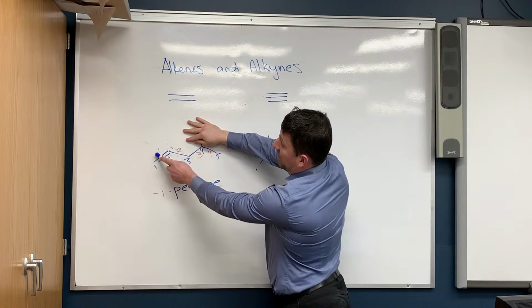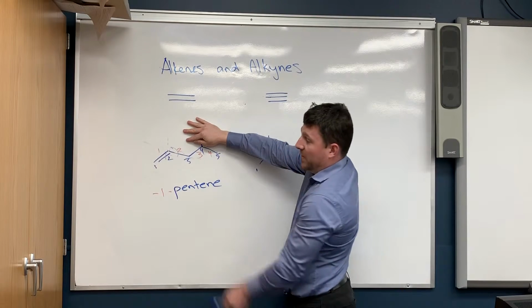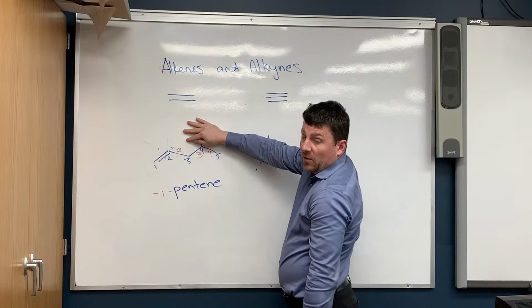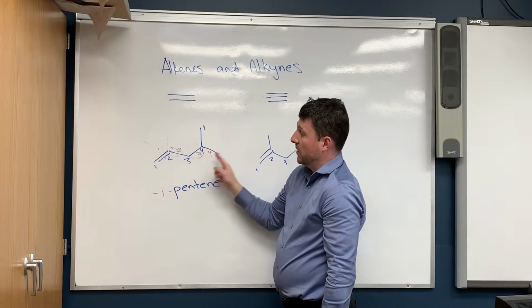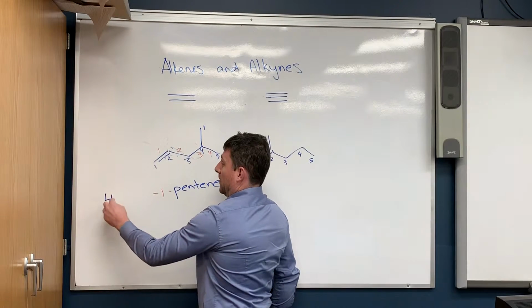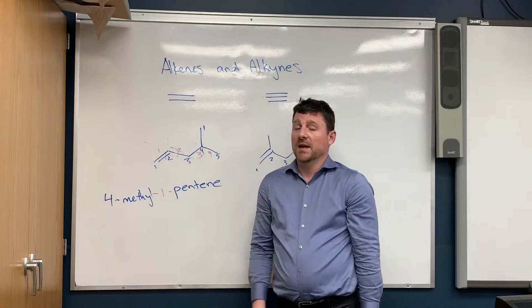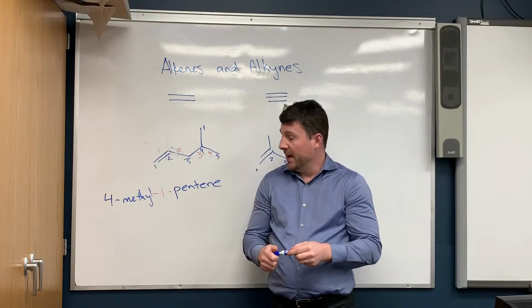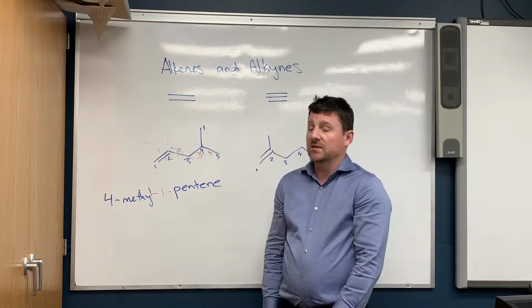So we call this bond 1, bond 2, bond 3, bond 4, and the main chain becomes a 1-pentene. And then we figure out where the branches are afterwards. So now that we've numbered the bonds this way, we number the atoms the same way. And this becomes a 4-methyl-1-pentene, right?